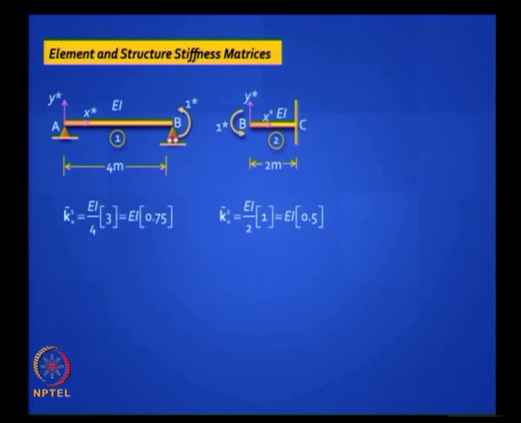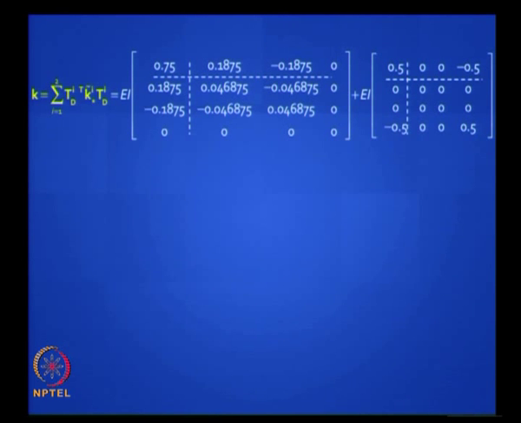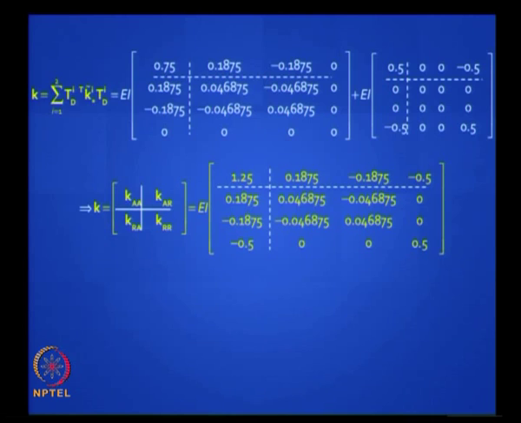Substitute your values, is this clear? You get 3EI by L for the first element, EI by L for the second element, and plug in those values, you will get the stiffness matrix, and find the inverse.